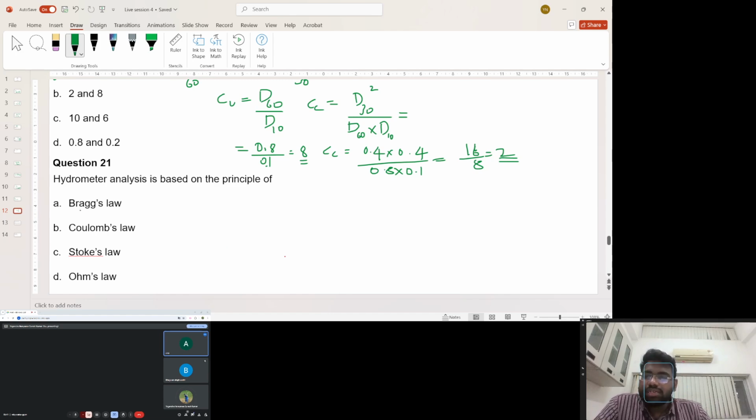Bragg's law is essentially applied for XRD, so it is mineralogical analysis. Coulomb's law is for electrostatics. Ohm's law is current electricity.